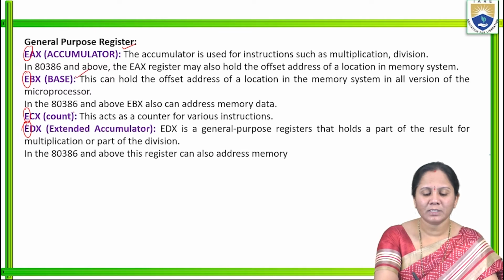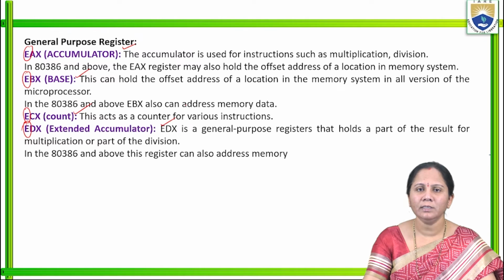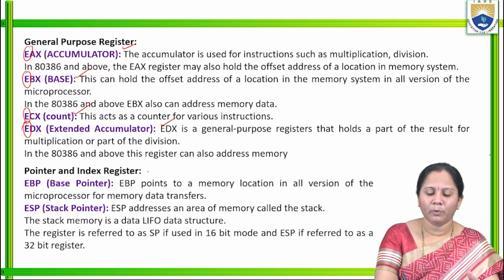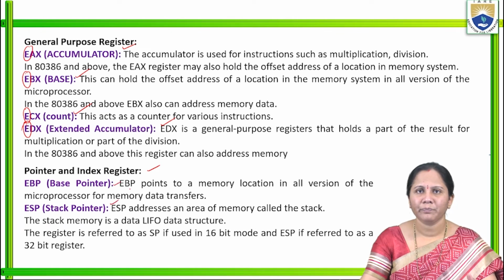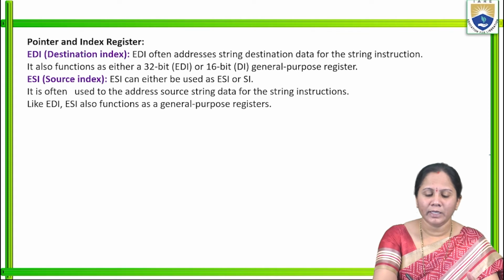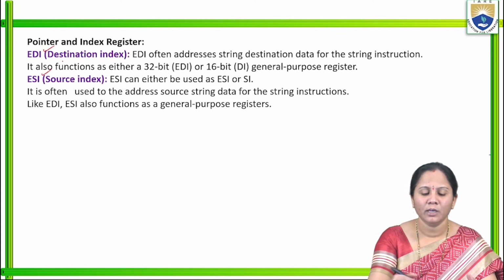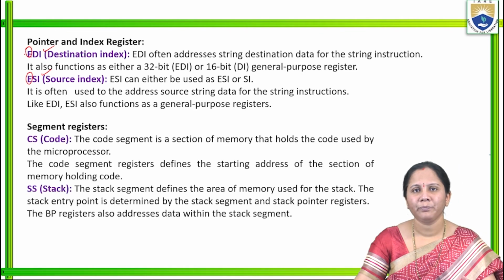BX is base register, CX is counter register, and DX is data register. Along with this we have different pointer and index registers like base pointer and stack pointer, and index registers, destination index and source index. These registers are also 32-bit.